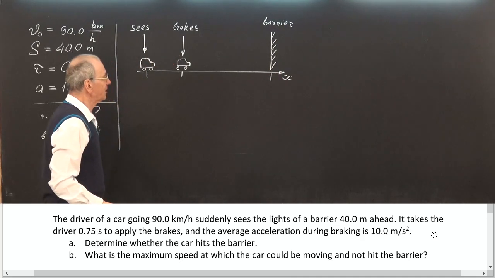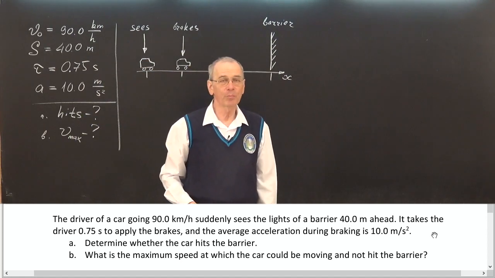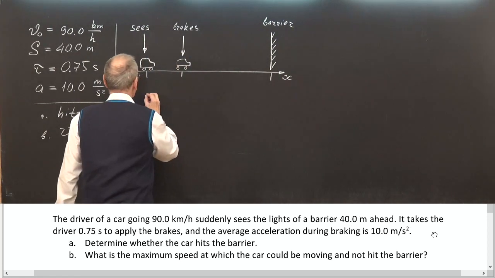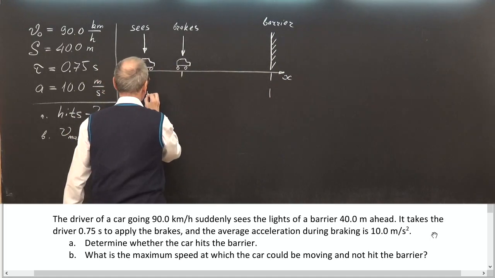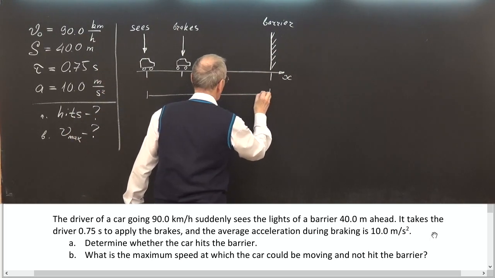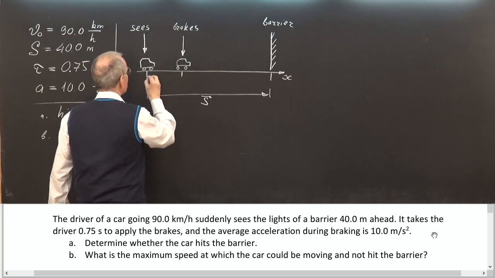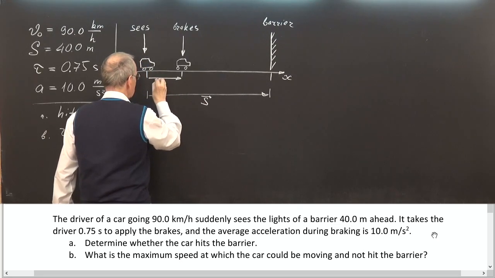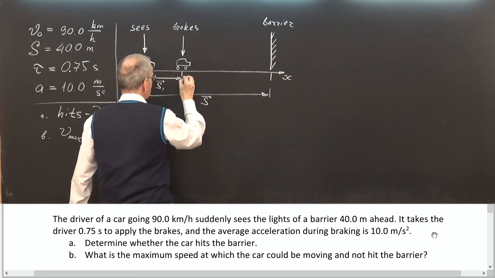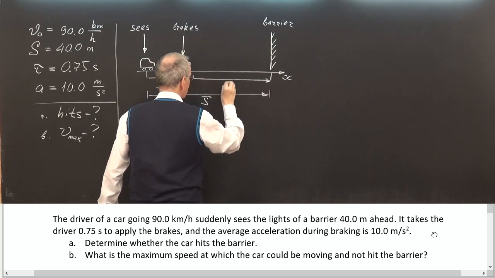The total displacement of the car can be divided into two parts. The total displacement, S vector, consists of two vectors, S1 vector and S2 vector.